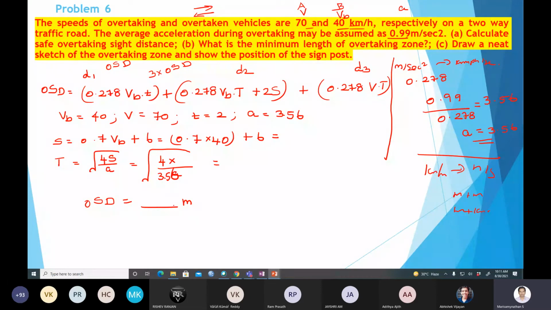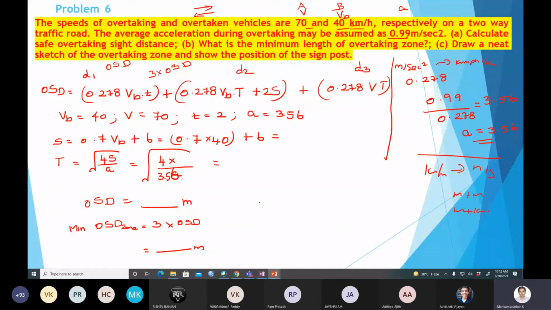Once you have estimated that, they are asking for the minimum length of the overtaking zone, which is nothing but thrice the OST value we have estimated. So this is the value you are getting.